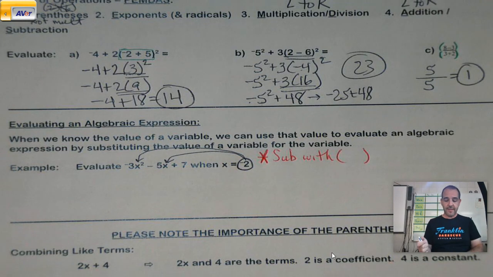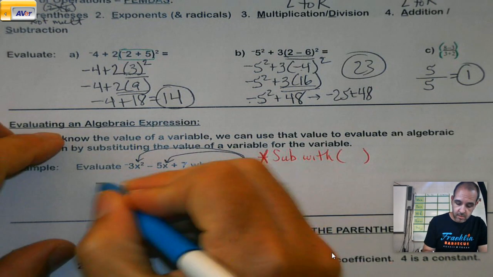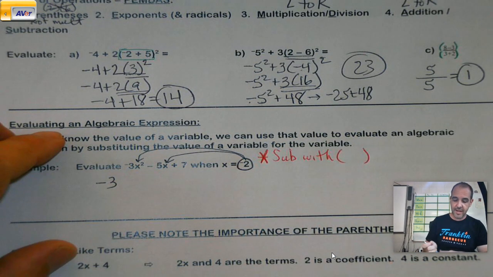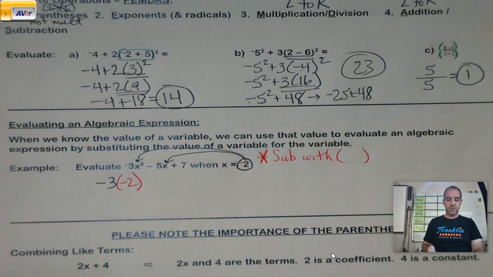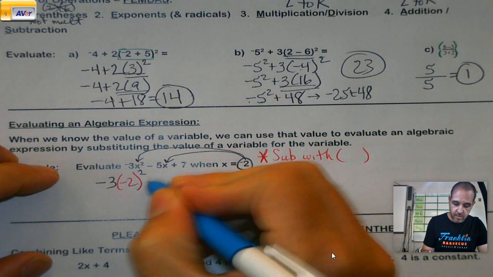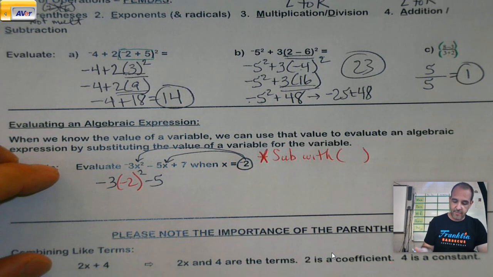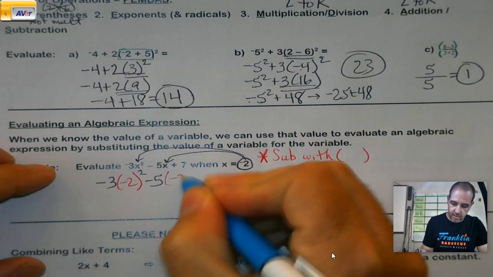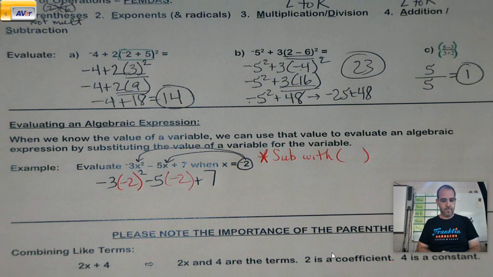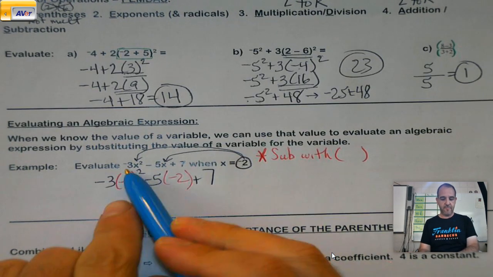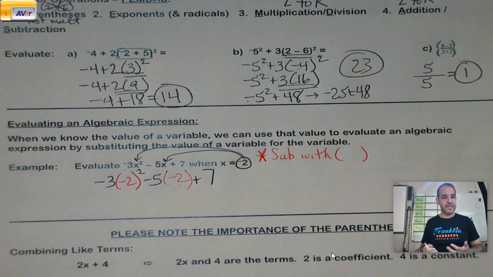So when I'm writing this out and I'm plugging that -2 in, I'm always going to use a parenthesis to make sure I don't have a sign issue. So -2 went in for each of the x's.